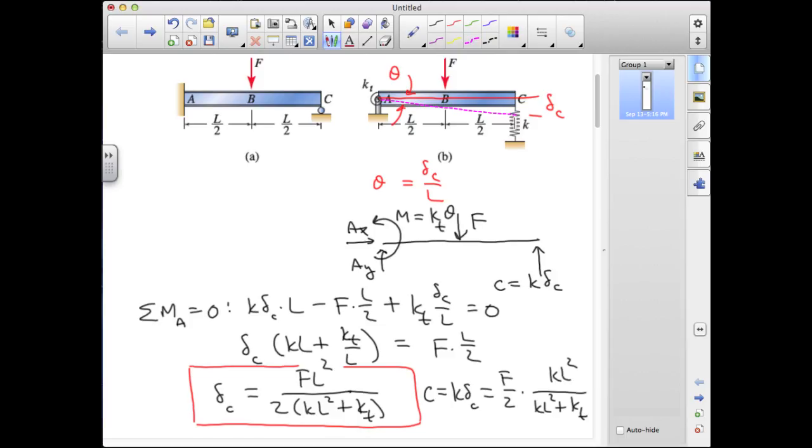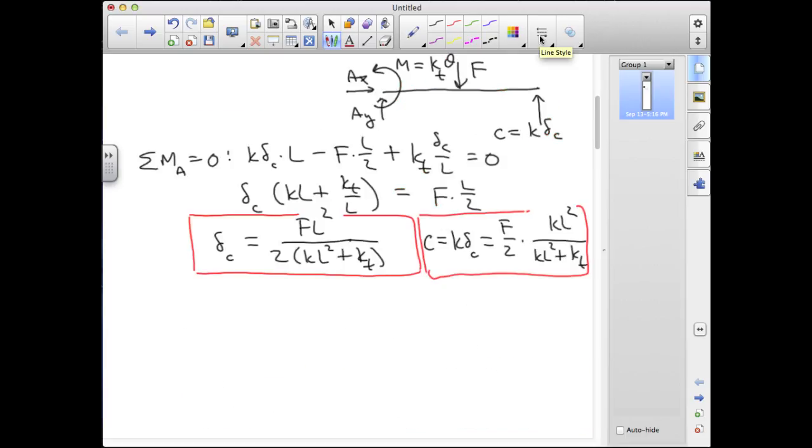If the torsional spring constant goes to 0 in this model, then A just turns into a pin support, and it would be a statically determinate problem where we would find that we would have equal force distribution between the vertical support reaction at A and the pin at C. And so this result for the reaction at C tells us, in fact, that if the torsional spring constant goes to 0, then that second term becomes 1, and the reaction force at C is just half the force F. So in the limit that the torsional spring constant goes away, we get a result that's consistent with a simple statically determinate problem.